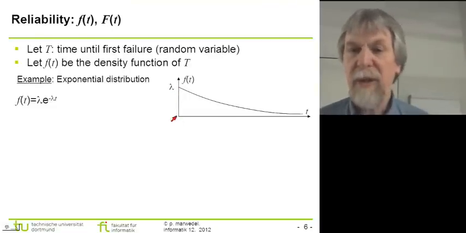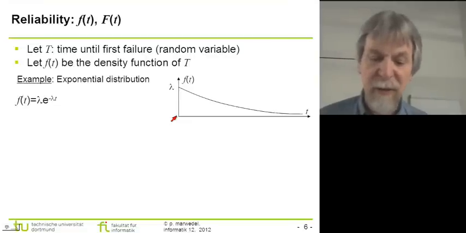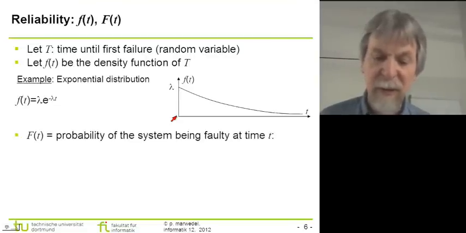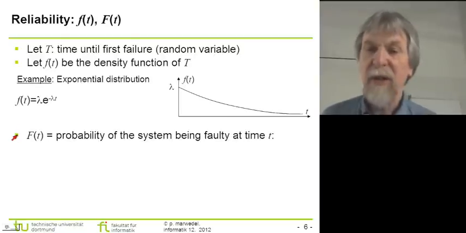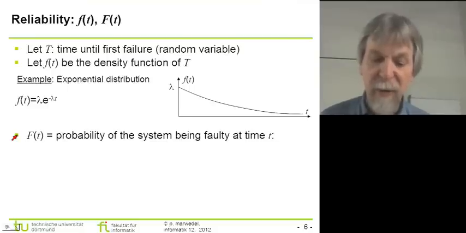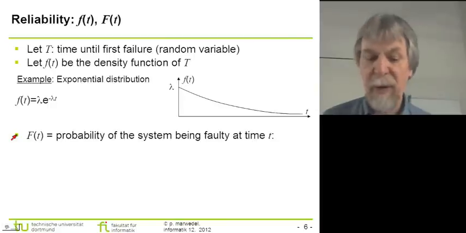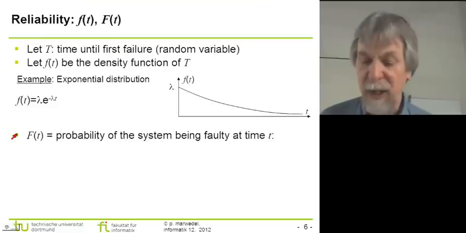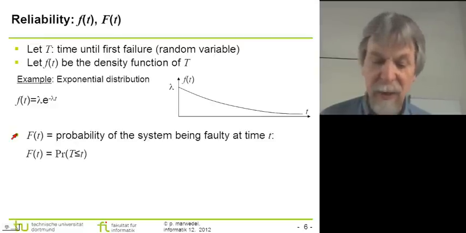Now, as we do commonly in statistics, in addition to using the density function, we are also using the probability of a variable to have a certain value. In this context, we are therefore introducing capital F of t as the probability of a system being faulty at a particular time t.